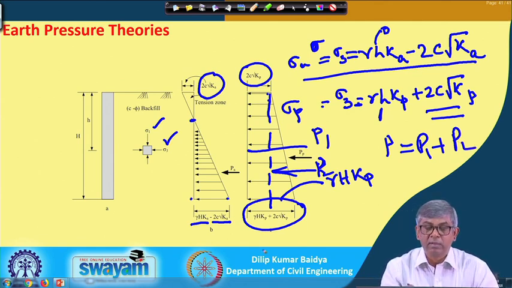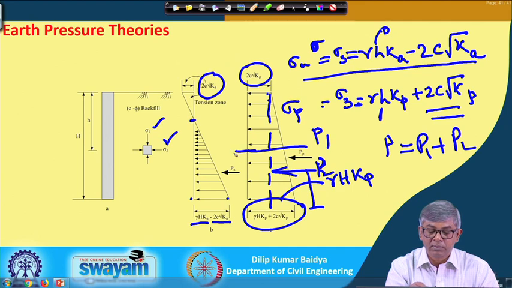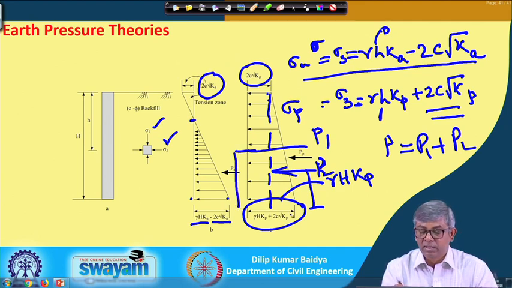Similarly, you can find the point of application of the earth pressure. For P 1 I can find H 1, and for P 2 also I can find H 2. Finally, suppose P p is acting at a height y bar.